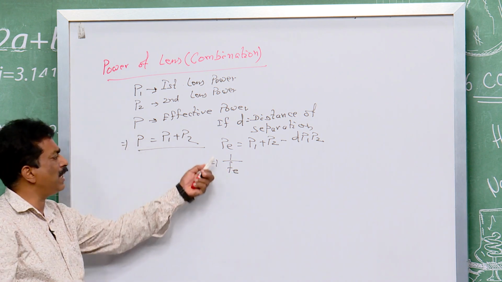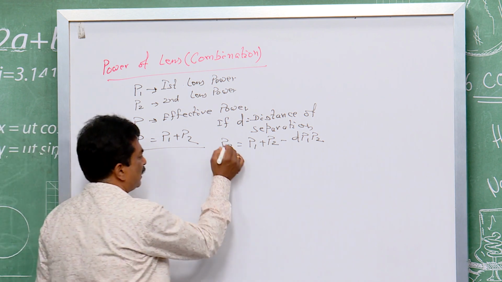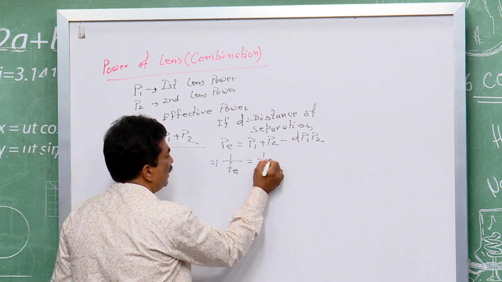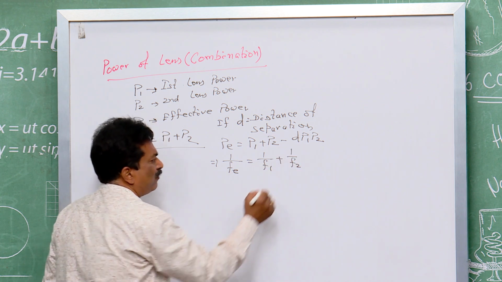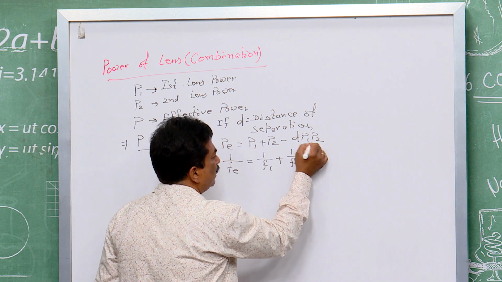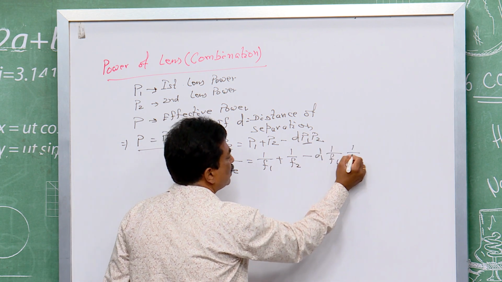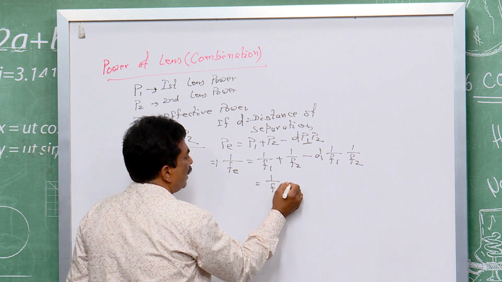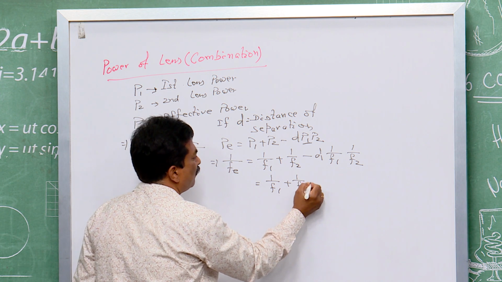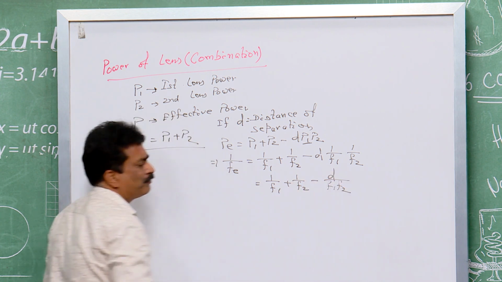The power of the lens is the reciprocal of the focal length, which we discussed. So, 1 by Fe is equal to 1 by F1 plus 1 by F2 minus D by F1 F2, where P1 is 1 by F1 and P2 is 1 by F2.